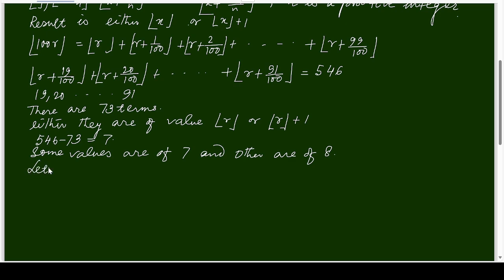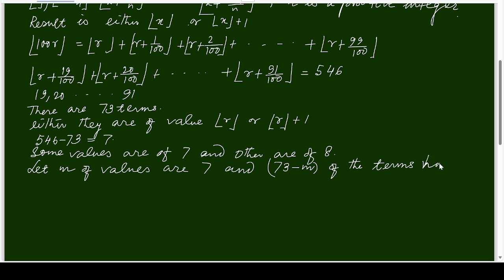Let m of the values be 7 and 73 minus m of the terms have the value 8.